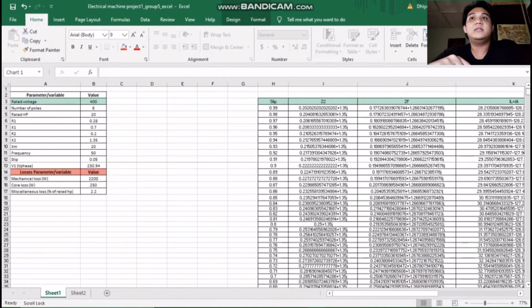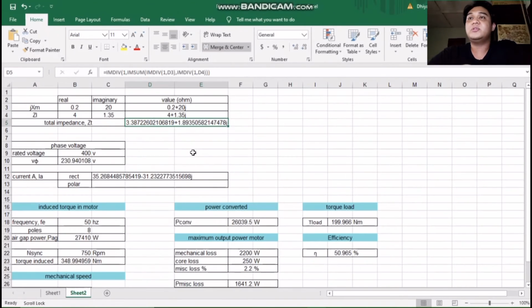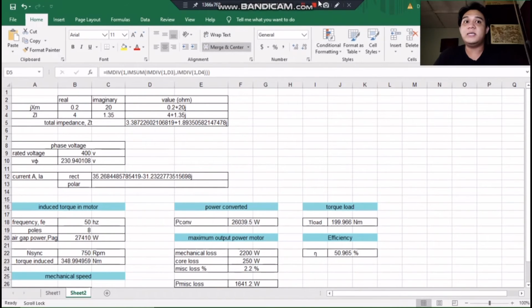Okay, in Excel we also calculate the values for the project, such as the total impedance, phase voltage, the current, power converted, induced torque in the motor, and many more. So in Excel we have to use formulas.